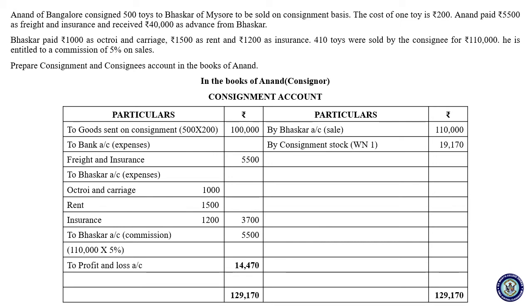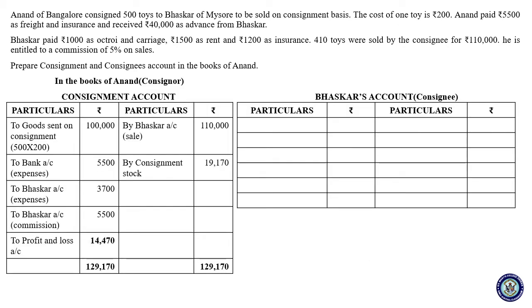So the difference is 14,470. So next to draw the lines for consignee's account, that is Bhaskar's account.